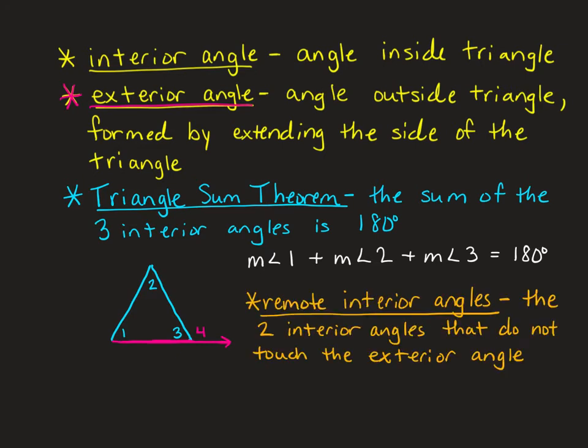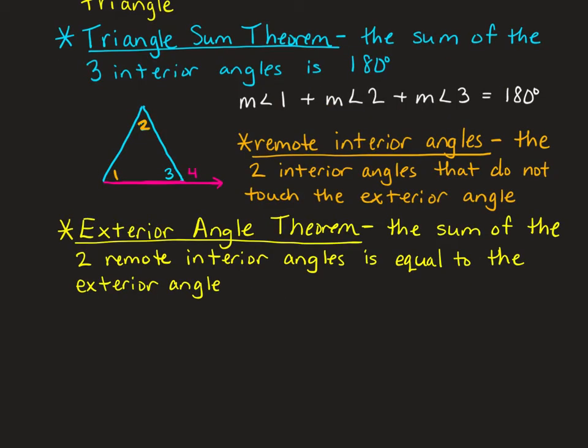These remote interior angles are the two interior angles that do not touch the exterior angle. So in this diagram, that would be angle 1 and angle 2. They're remote interior because they don't touch angle 4.